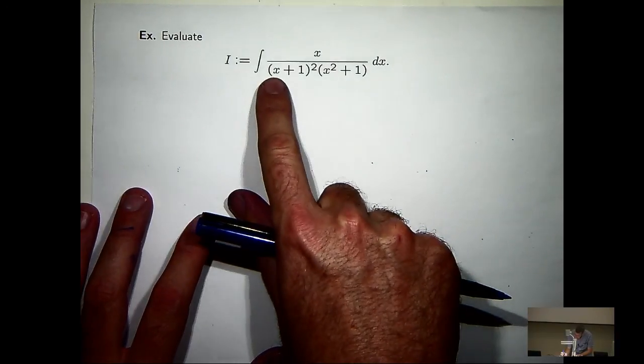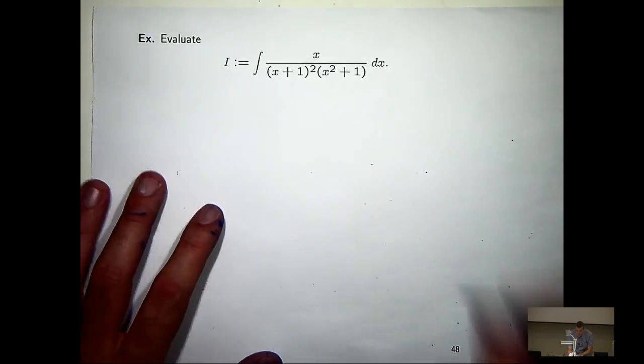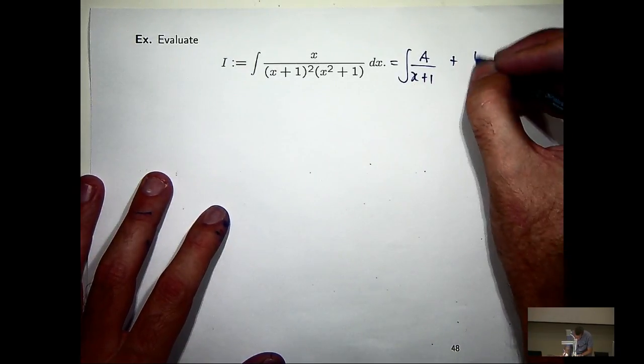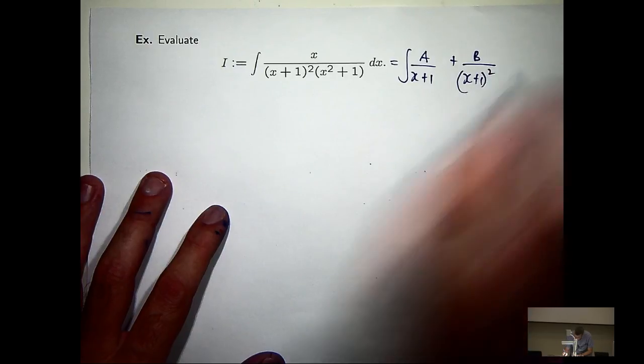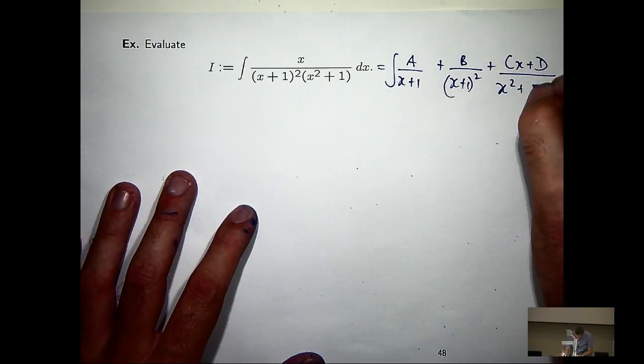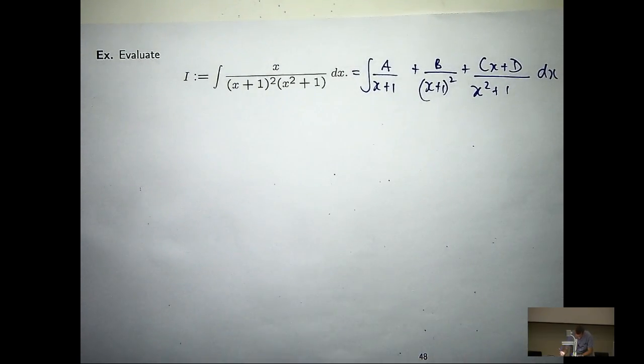You see, we've got some repeated linear factors and something that doesn't factor, the x squared plus 1. Okay, so this would be our decomposition. Hush, hush, hush. Okay? So we've got to get 4 constants, A, B, C, and D.